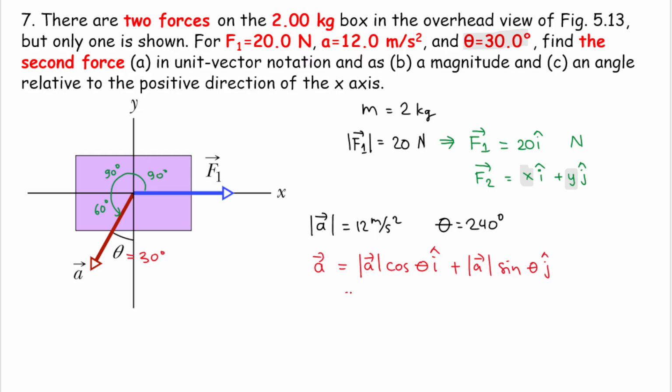And what is the magnitude of A? I will have 12 cosine of 240 on the i direction, and also 12 sine 240 on the j direction. Good. Now let's plug this into the calculator.